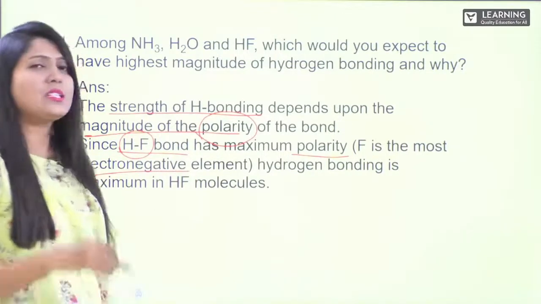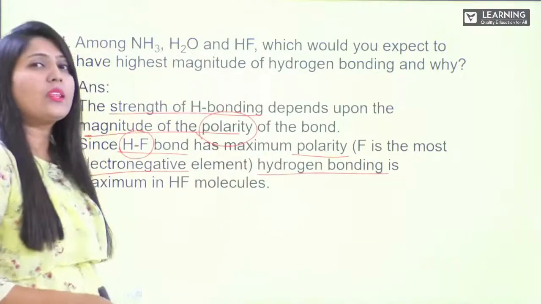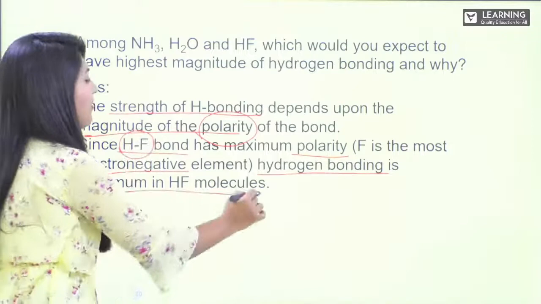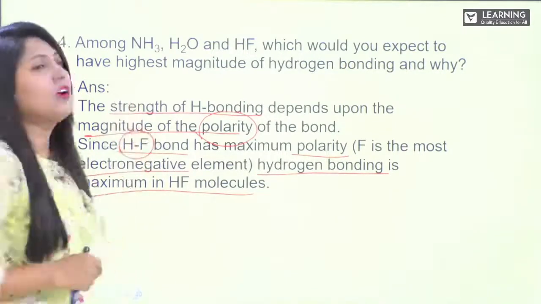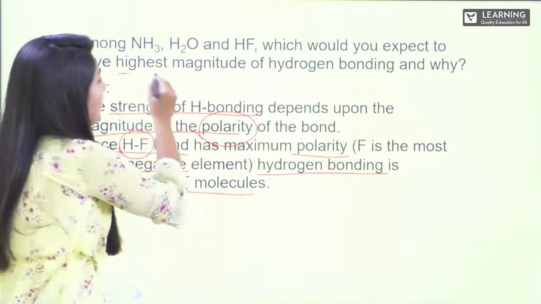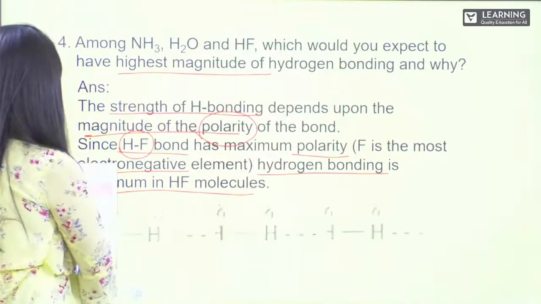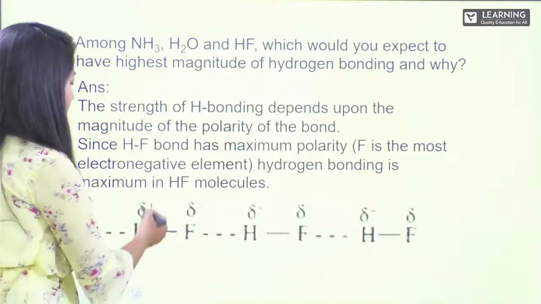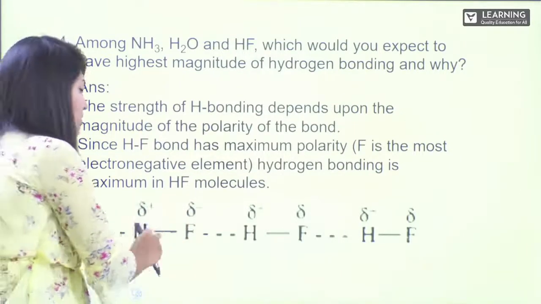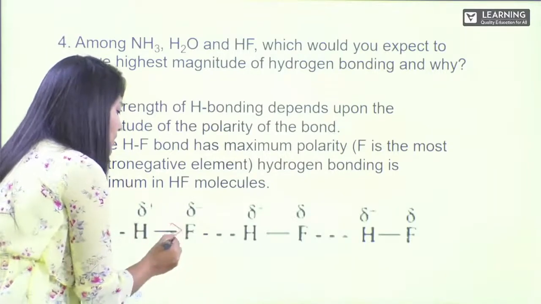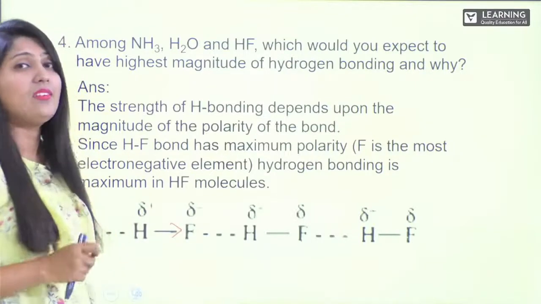Since fluorine is the most electronegative element, the hydrogen bonding present in hydrogen fluoride has the higher strength, and hence we can say that hydrogen fluoride has the highest magnitude of hydrogen bonding. You can see here, the hydrogen linked with fluorine has its electron almost completely shifted towards fluorine, because fluorine is the most electronegative element.